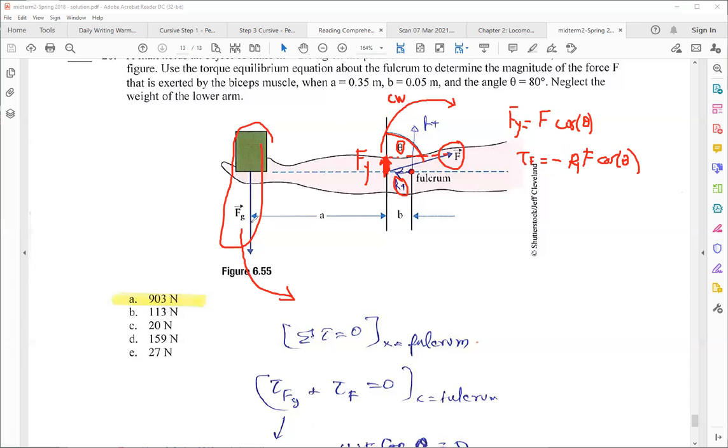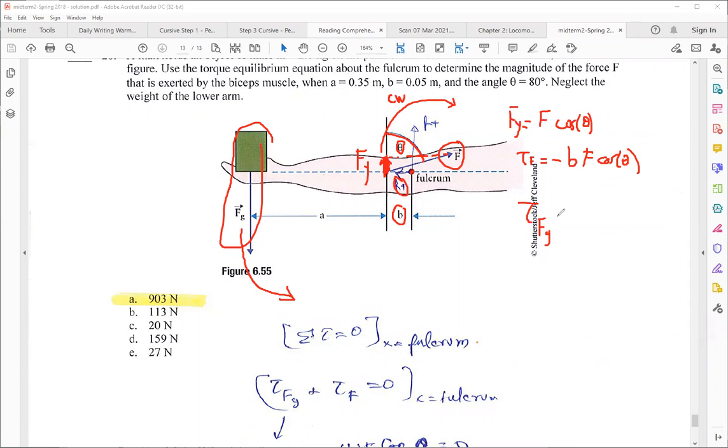Now for the gravitational force, the torque for Fg. Here, instead of R1, because it's given as B, we can just call it B for consistency with the figure. So negative B F cosine theta.